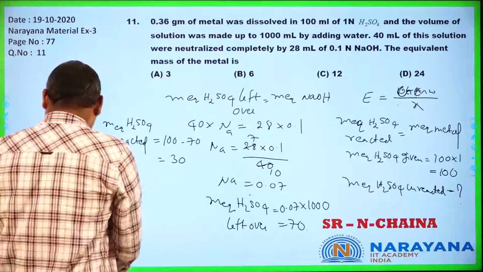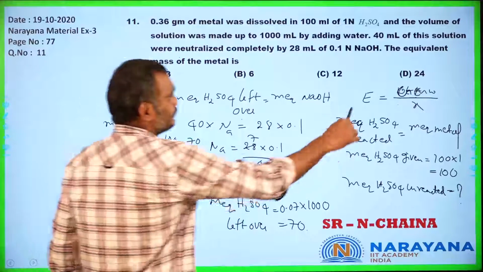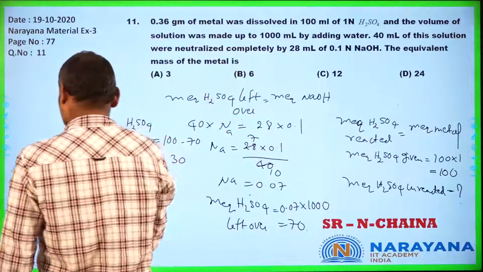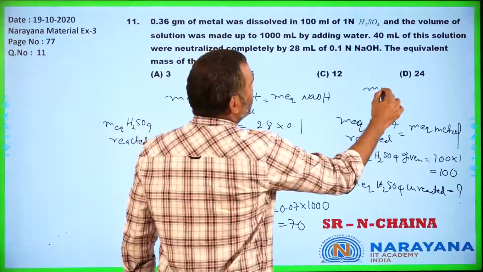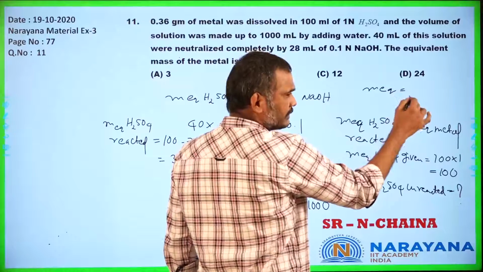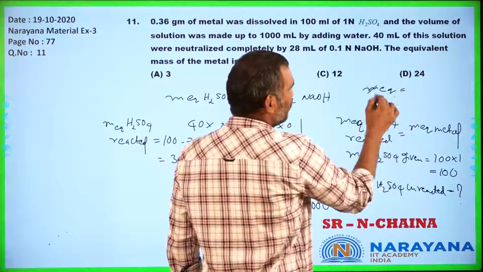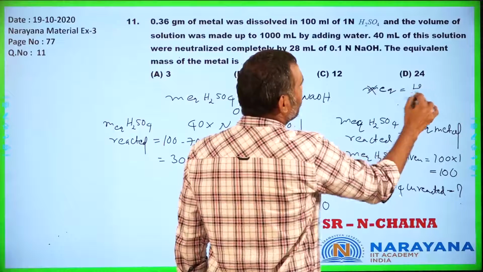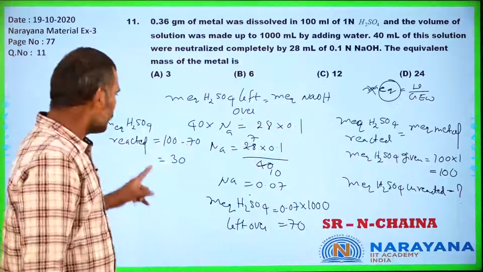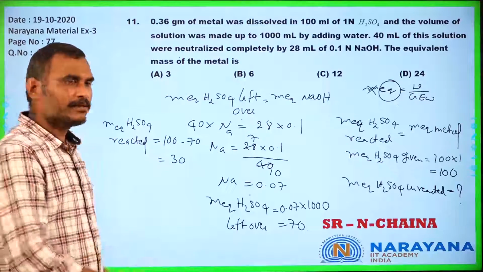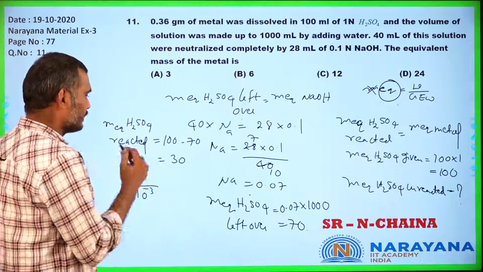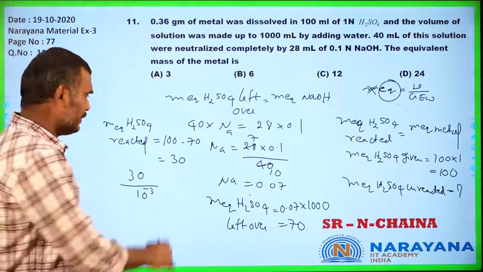Okay, now please observe a logic. Milli equivalence is nothing but, otherwise, equivalence is equal to weight by gram equivalent weight. So milli equivalence is 30, then equivalence is equal to 30 by 10 power minus 3.